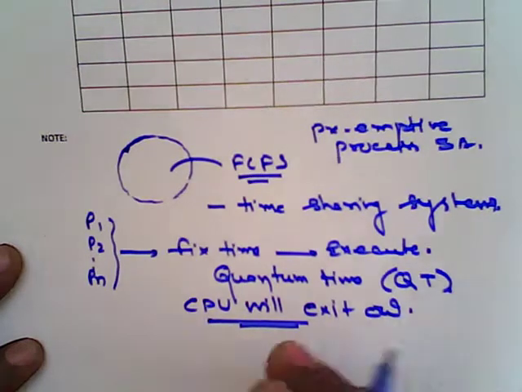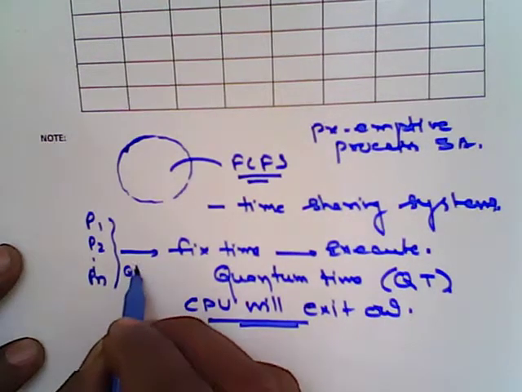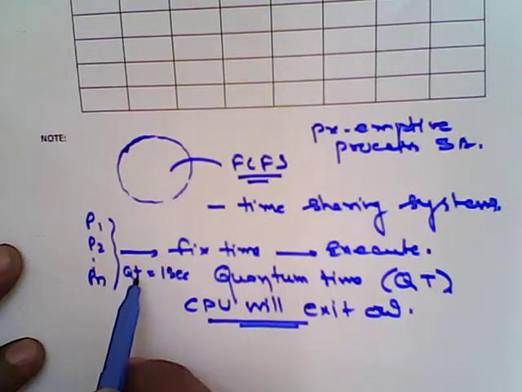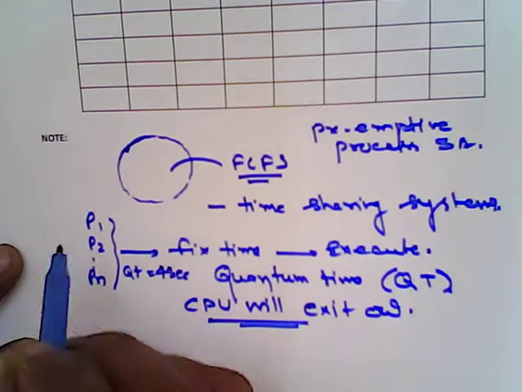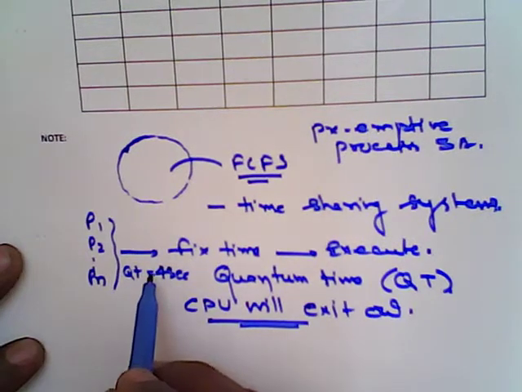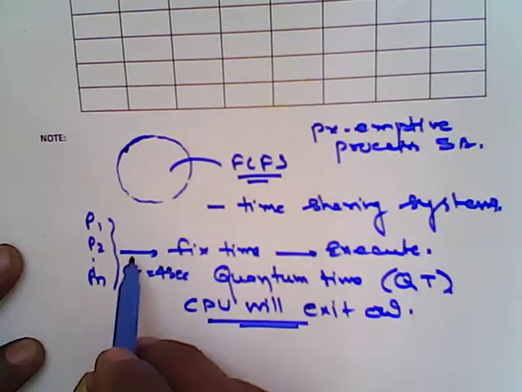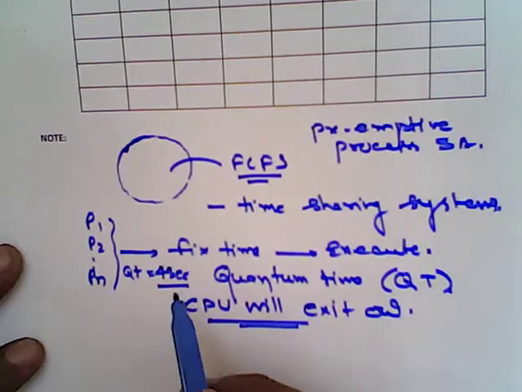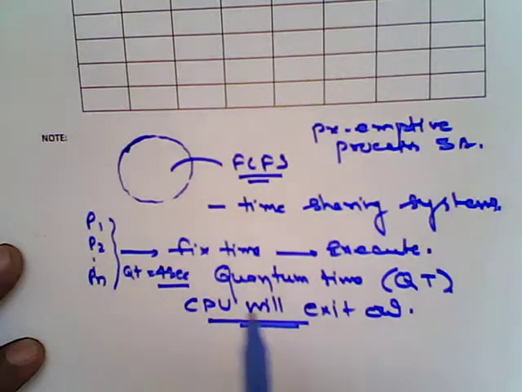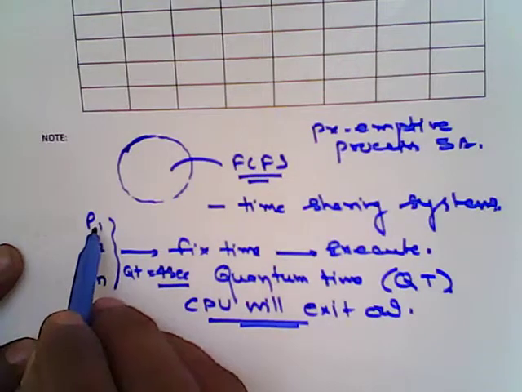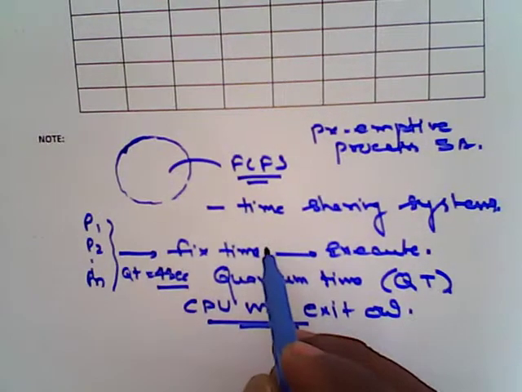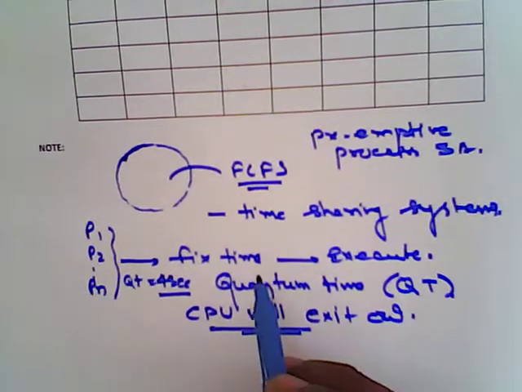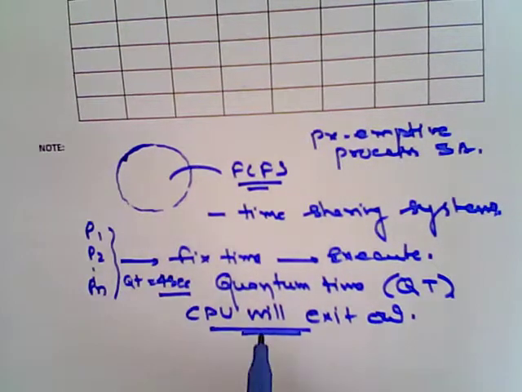Suppose the QT is equal to, say, 1 second, and P1 takes 4 seconds. The CPU has to process P1 within the given time, otherwise the P1 process will exit. That means the CPU cannot do execution for more than the given time, which is QT.